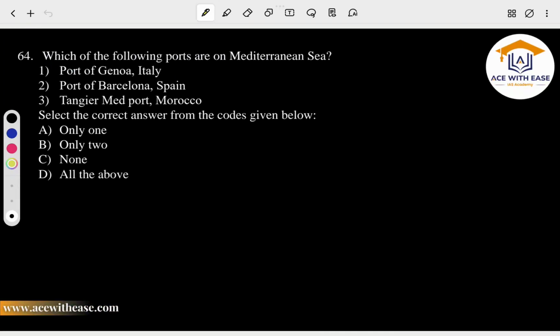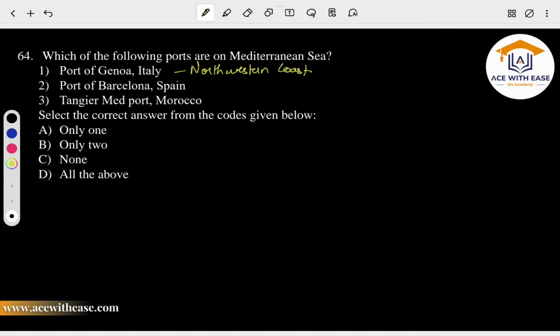64th. Which of the following ports are on the Mediterranean Sea? We have port of Genoa in Italy. It is on the northwestern coast. Whereas port of Barcelona, Spain, yes, it is also present near the northeastern coast of Spain, on the Mediterranean Sea.